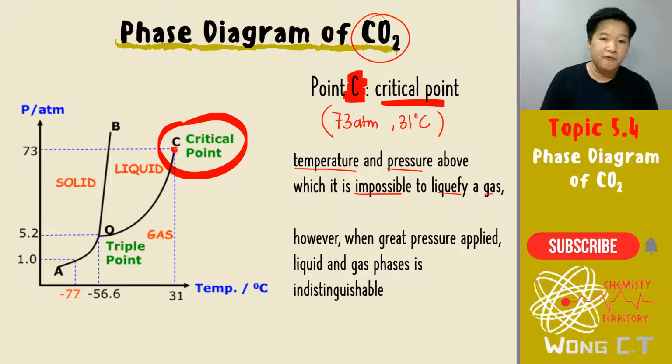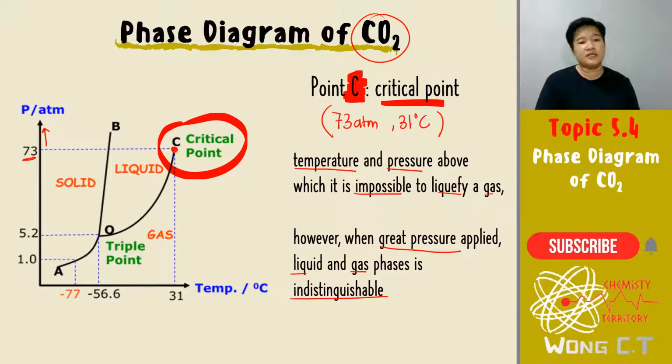So anything above this critical point, it is impossible to liquefy a gas anymore because we cannot even differentiate which one is your gas, which one is your liquid. The same thing over here, when you have a great pressure applied, liquid and gas phases are indistinguishable. So anything that you have higher than 73 atm over here, we cannot differentiate liquid and gas. So your critical point is the maximum temperature and pressure at which you can differentiate your liquid and gas. Anything above the critical point, we cannot differentiate liquid and gas.